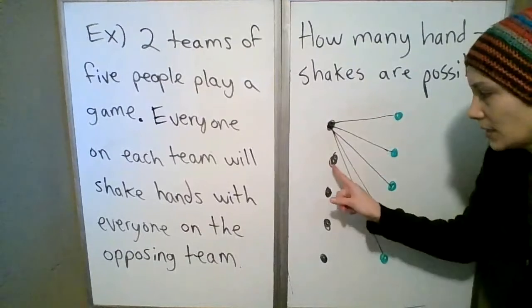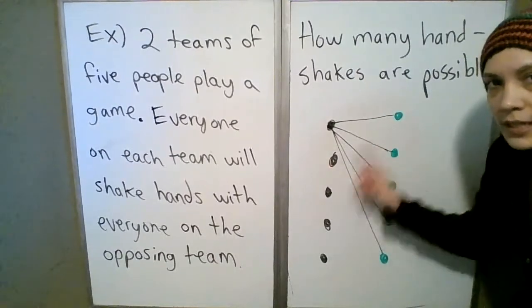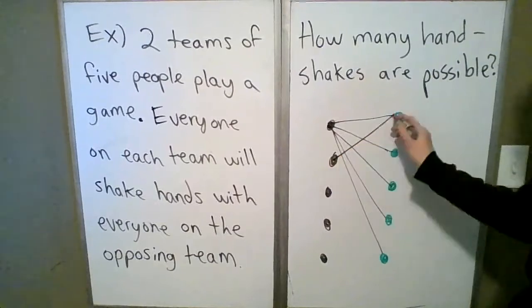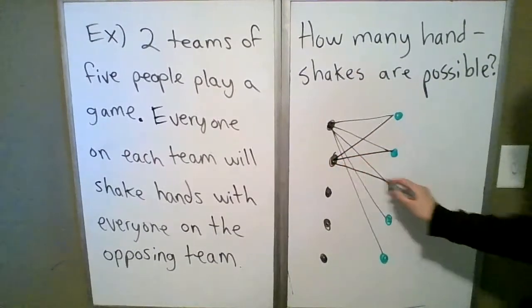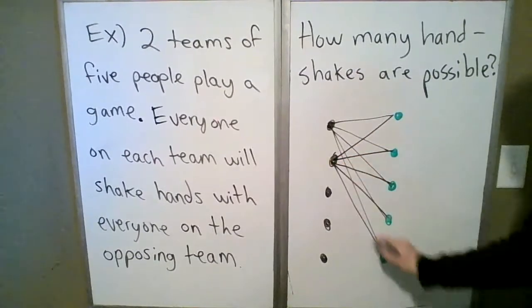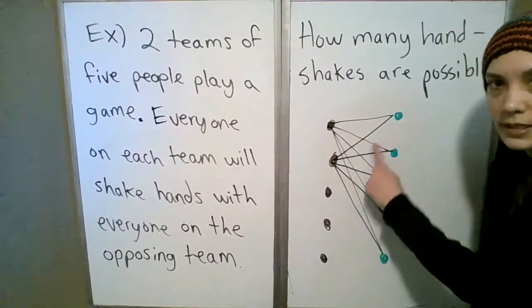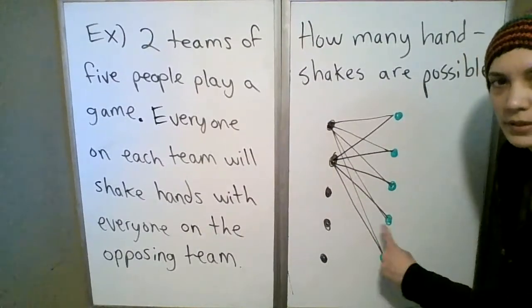Okay. Same for this guy. He shakes hands with everyone from the other team. So we'll draw an edge to each vertex. Okay. Same thing here. We're going to meet this person, that person, that person, that person, and the last one.